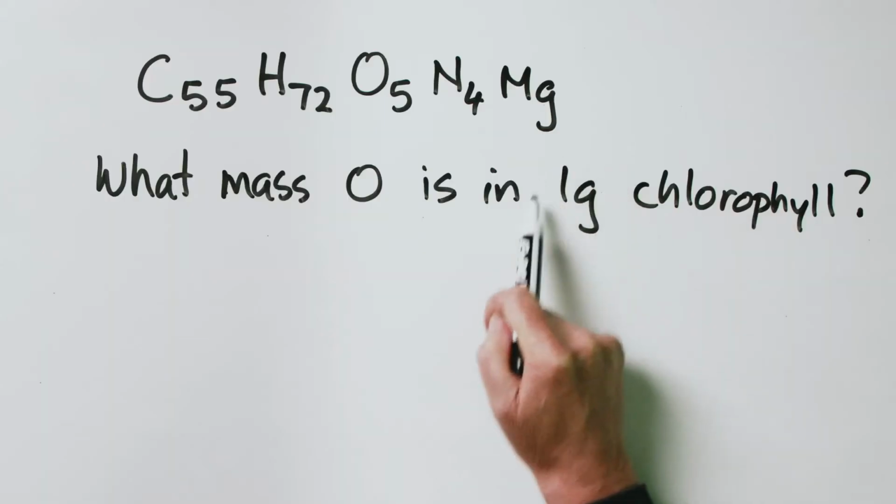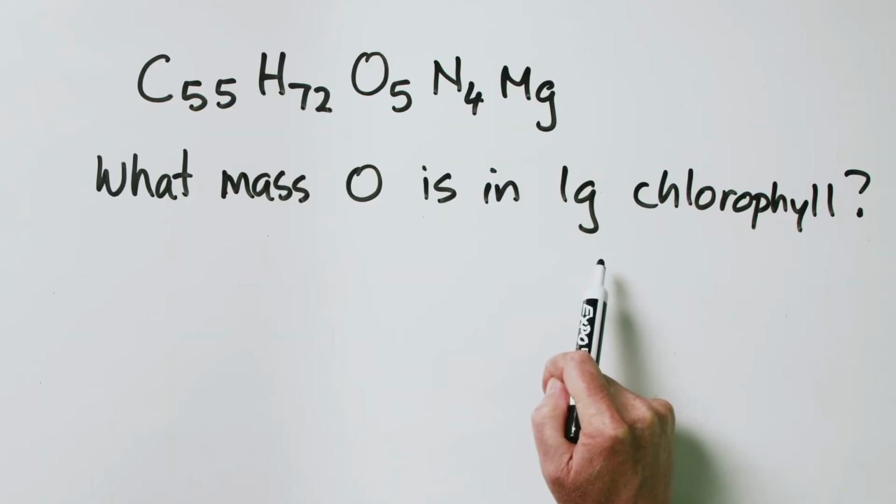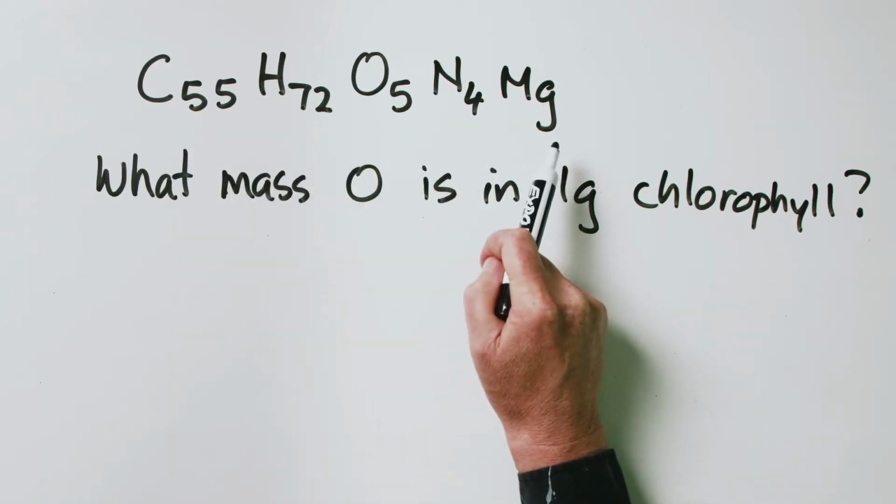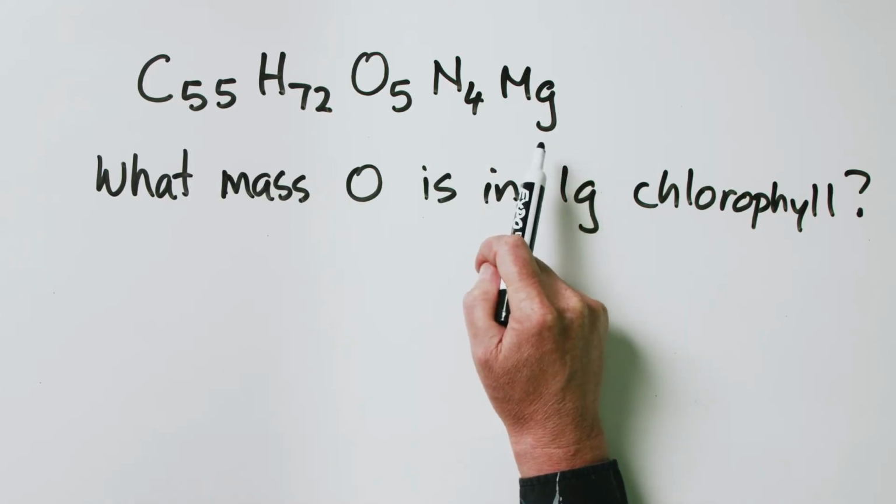Not a lot, but remember, we haven't only been given one piece of data, we've actually been given 2 pieces of data. The first is a mass of chlorophyll. The second is, in fact, the chemical formula of chlorophyll. If we're given a chemical formula, what can we determine from that?